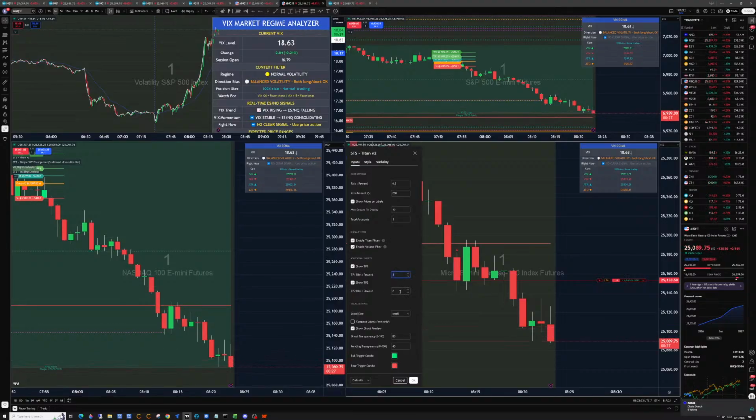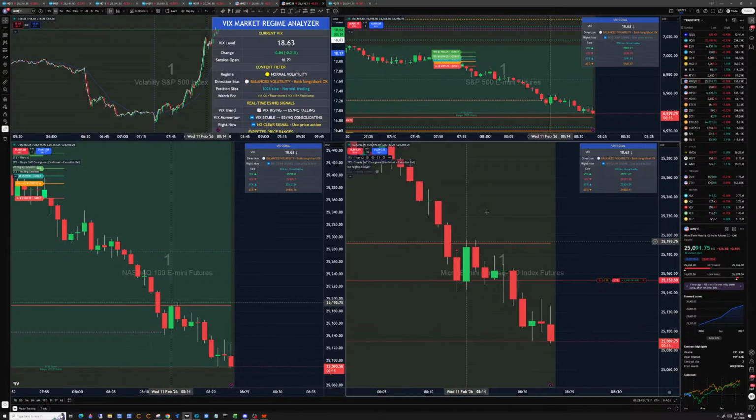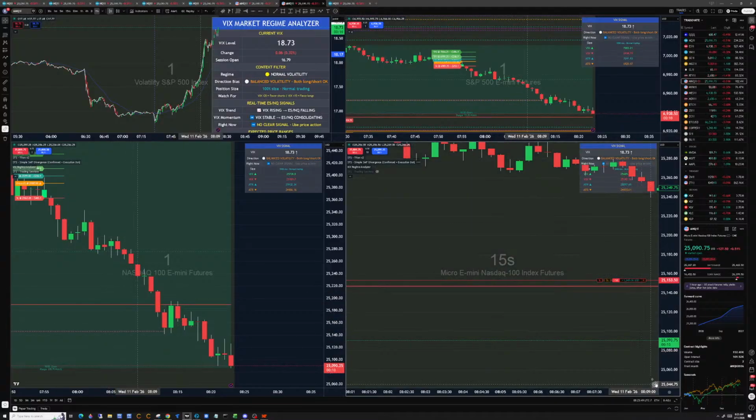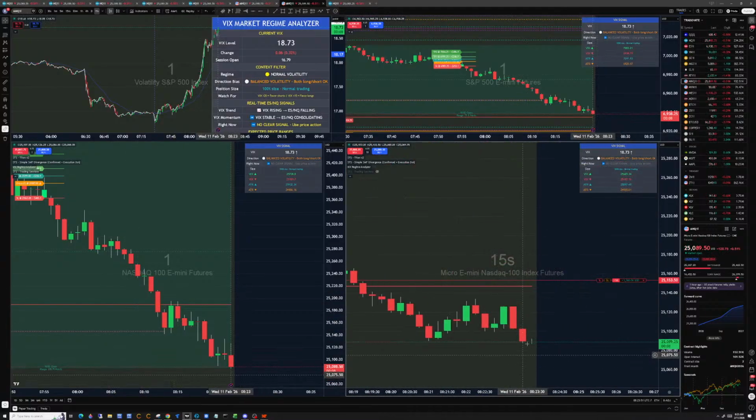Okay, and what I'm still a little confused about, and I've watched the video, is show ghost preview is marked. What is that? You'll notice, let me go to a smaller time frame, as the candles are developing and the pattern is developing, you'll see them start to kind of flash.